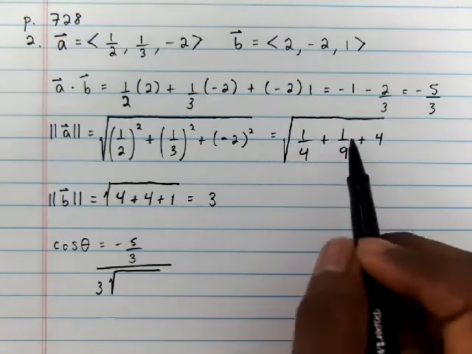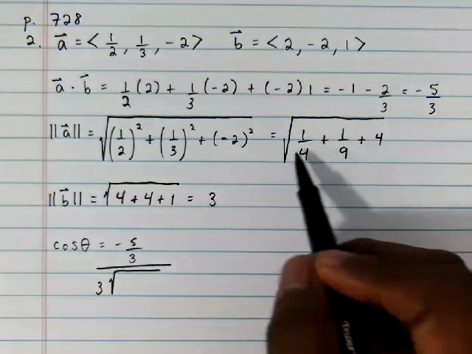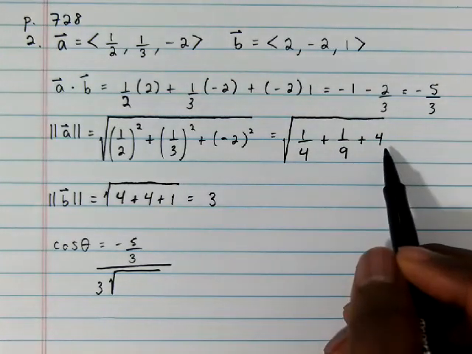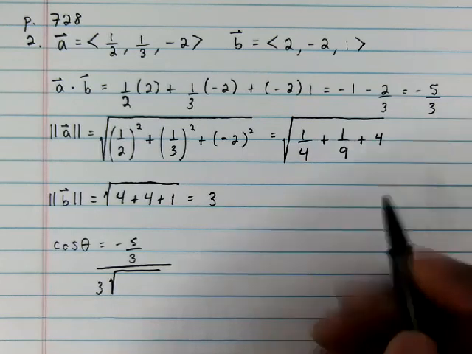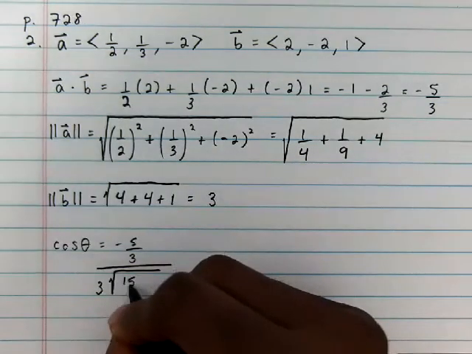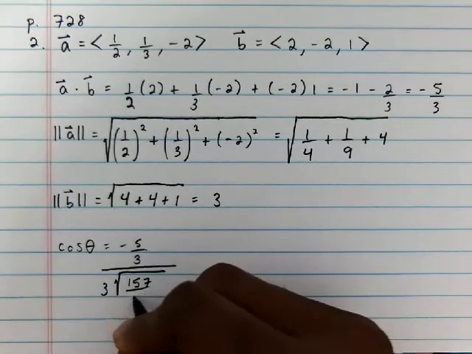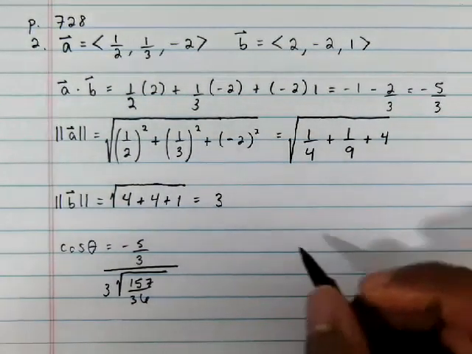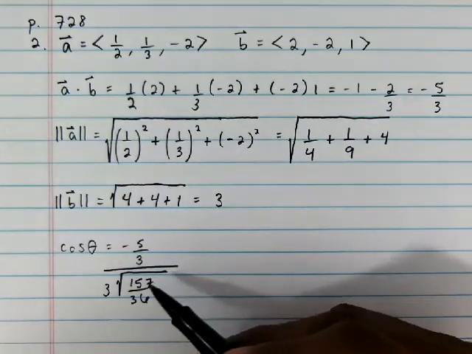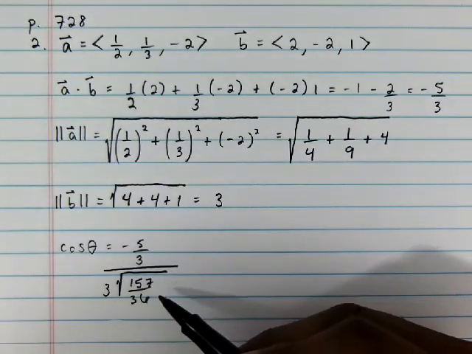We have 9/36 plus 4/36, 13/36, plus 144/36. So 157/36. We've got some messy numbers here. So that's -5/3 over 3 times the square root of 157/36.